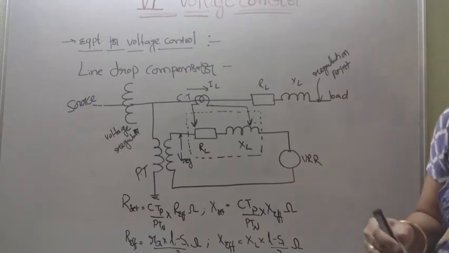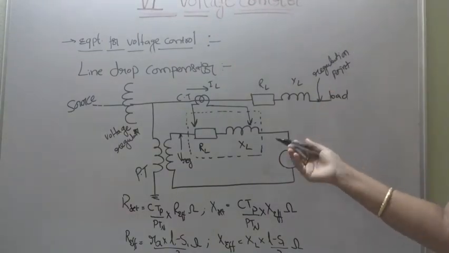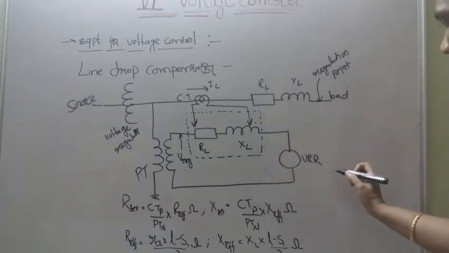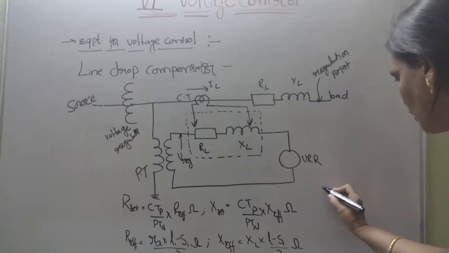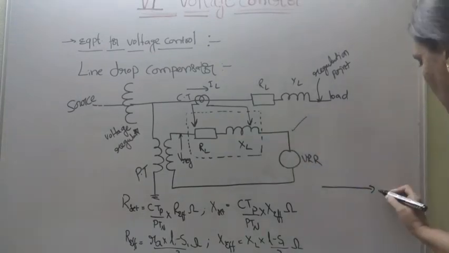I want to show you how to improve the voltage regulation with this circuit. I will explain through the phasor diagram. Consider the circuit only.